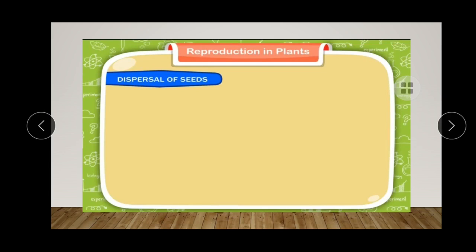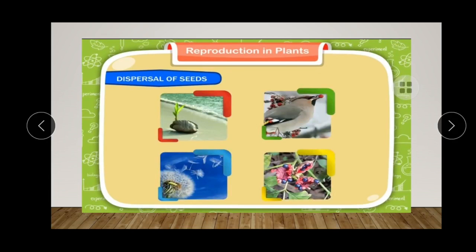So it is important that the seeds are dispersed, so that they can get sufficient sunlight, air, water and space to grow. Moving seeds away from the mother plant is called seed dispersal. Now seed dispersal has four agents.